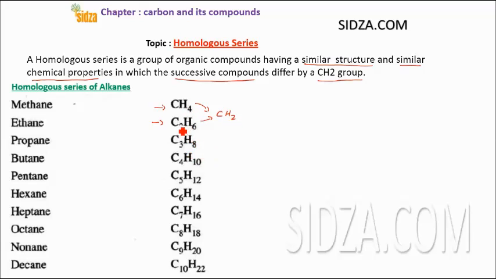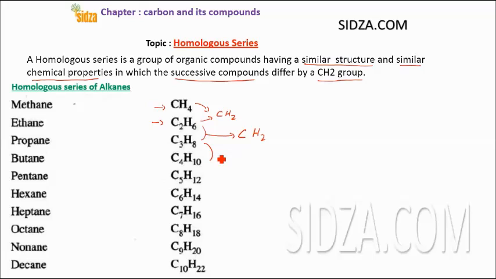Let's have a look at C2H6 and C3H8. Again, between these two successive compounds of a homologous series, they differ by one carbon atom. This is C2, this is C3, so there is a difference of one carbon, and there are 6 hydrogen atoms here and 8 here, so there is again a difference of a CH2 group.